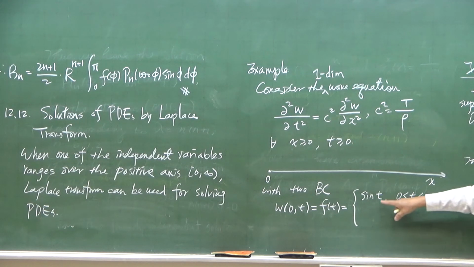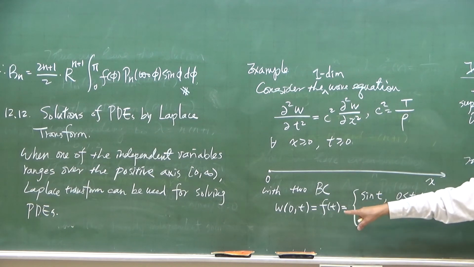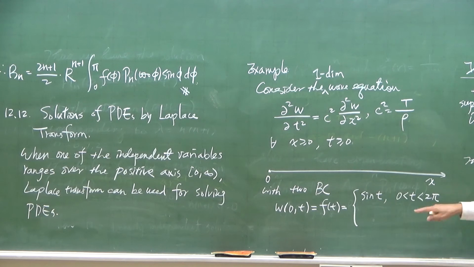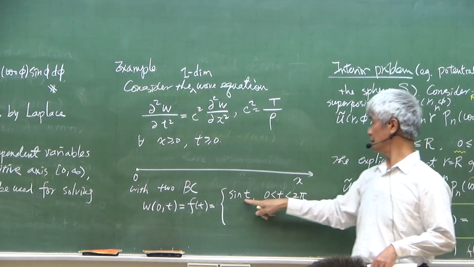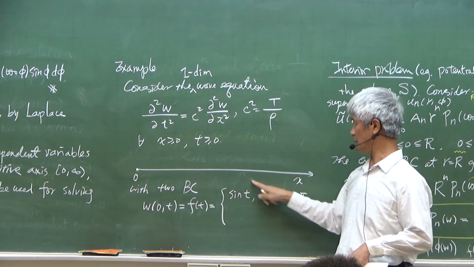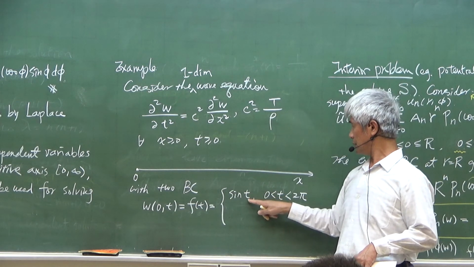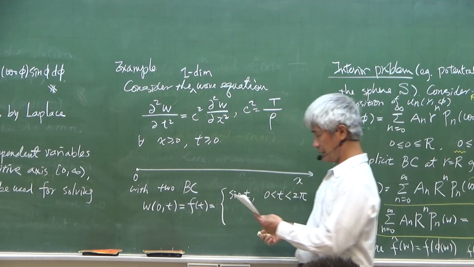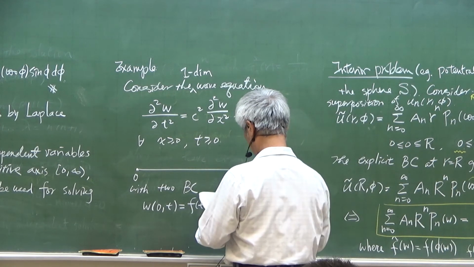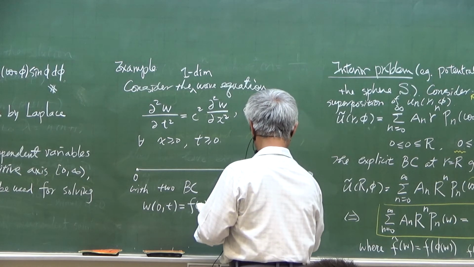It's just like we give some stimulus. During the initial time period from 0 to pi, the displacement goes through a sine wave, and then 0 otherwise.